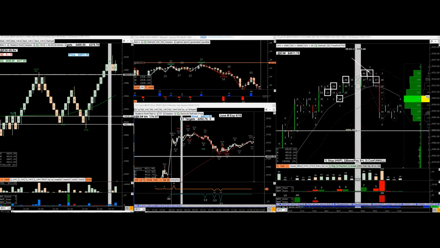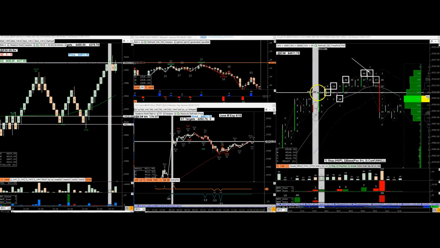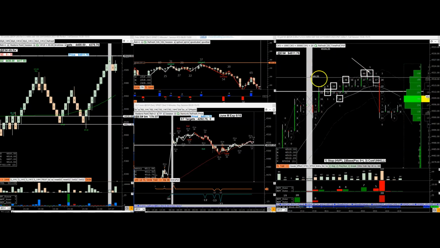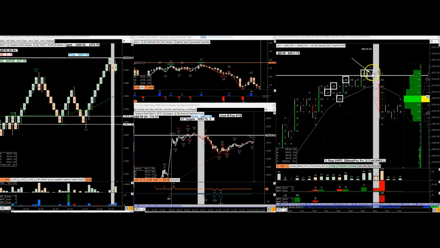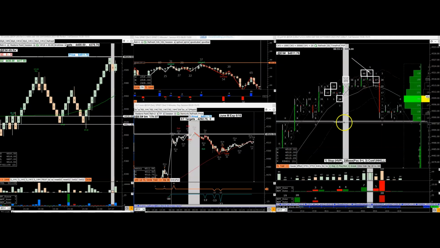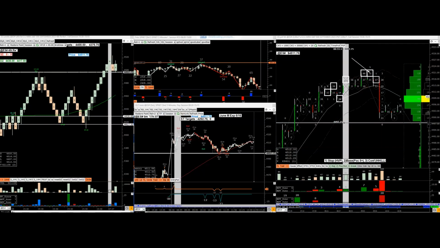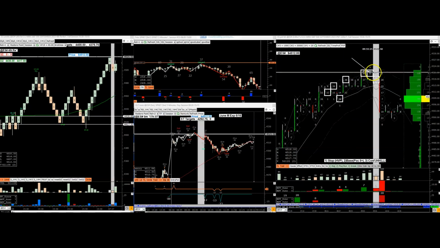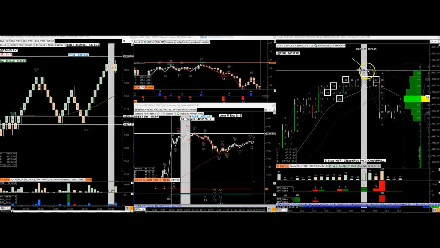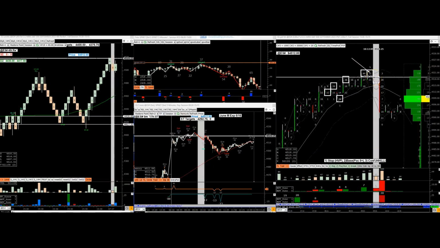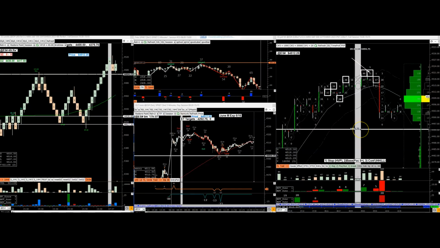So, I mean, if it's going straight up like this and they're selling on the high, selling on the high, selling on the high, what's the next step? The next step, as I explained, is you need price confirmation. Price confirms volume. It's not just volume confirms price.